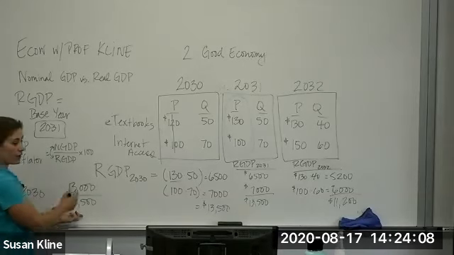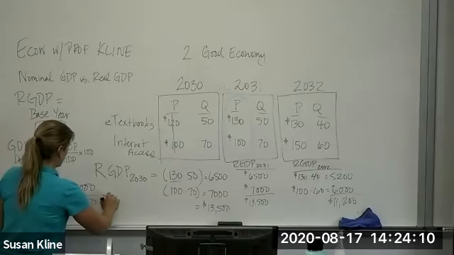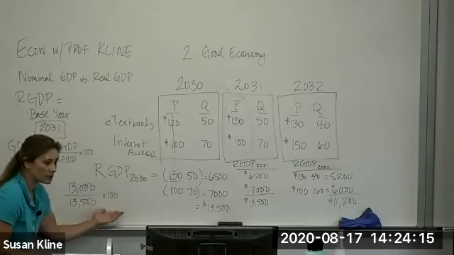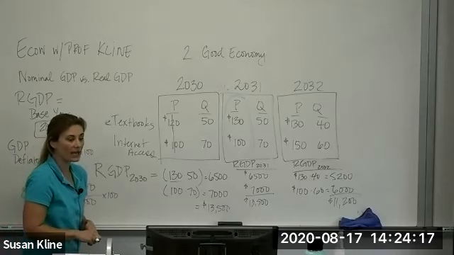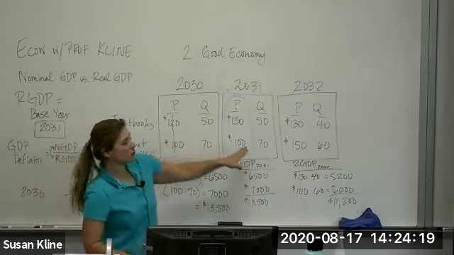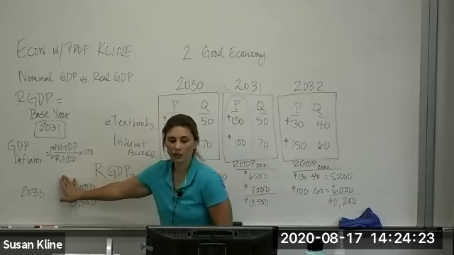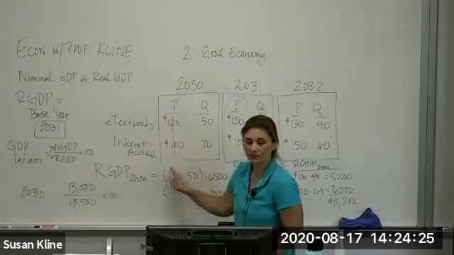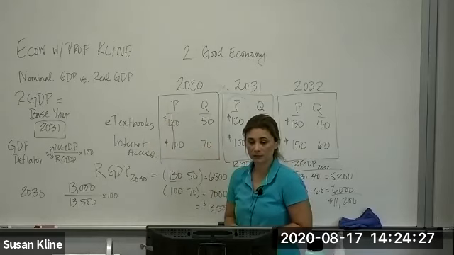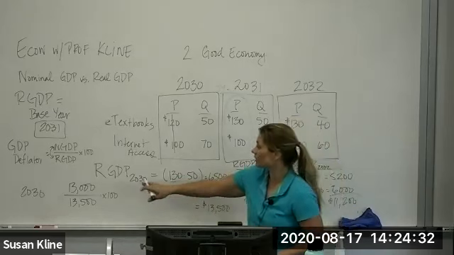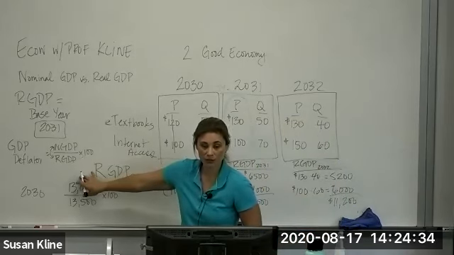When we plug in 13,000 divided by 13,500, this is going to be a number less than 1, so a number less than 100. That's okay. When it's equal to 100, it tells us that's the base year. When it's less than 100, that tells us that prices are lower than they were in the base year. And for 2032, we're going to get a number that's larger than 100, right?